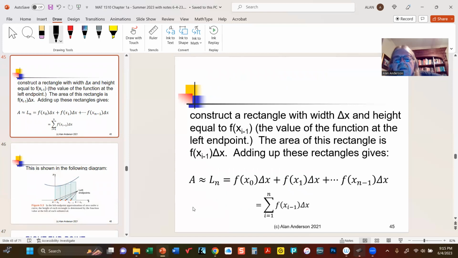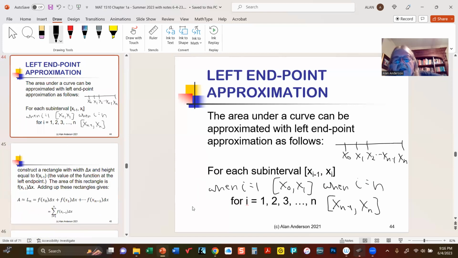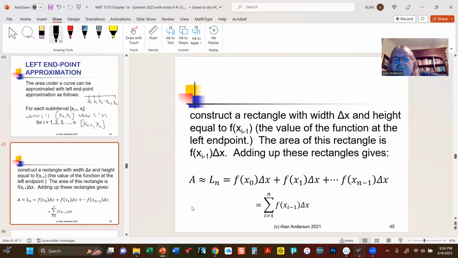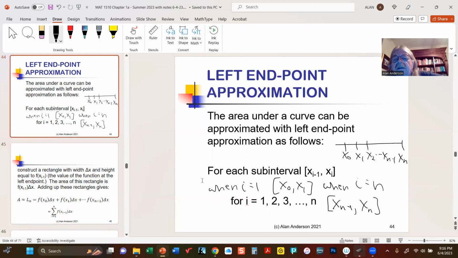So for each rectangle, we're going to have the same constant width, delta x, but the height will be this point. In other words, for the first interval, the height will be here.